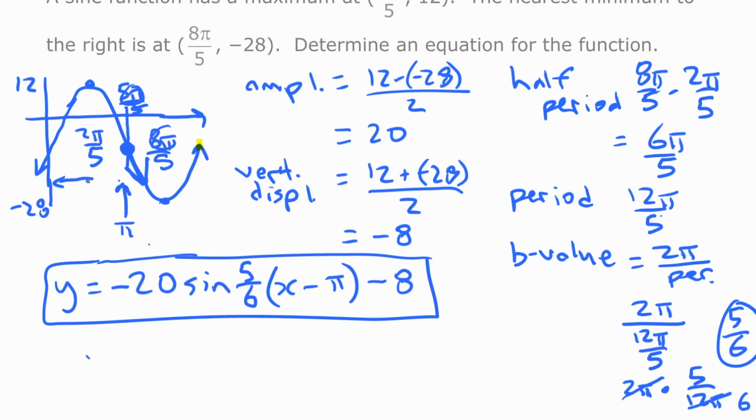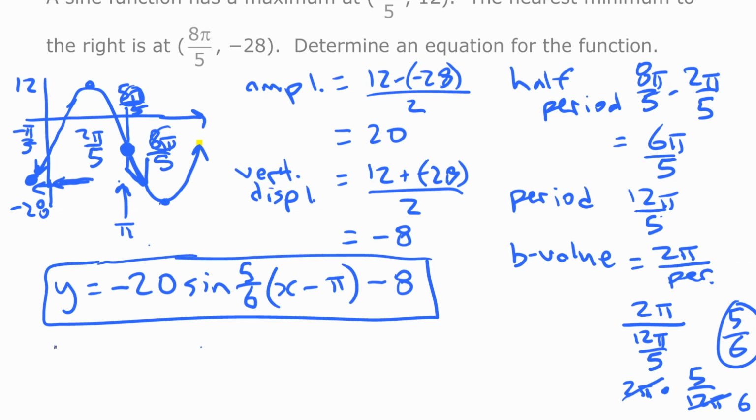So if I go another 3 pi over 5 this way, I'll be a little bit to the left. This is actually going to be minus pi over 5, a quarter of that period. The period is 12 pi over 5, so I have to go back a quarter of a period to get to that middle point. Now I didn't draw it very well. It's probably a little higher up. That doesn't look very good, but we have the right idea here.